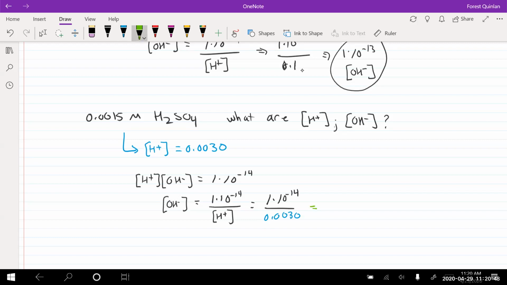And if you do this, you get 3.3 times 10 to the negative 12 is equal to the concentration of OH minus. Like I said, at this point, we're essentially out of concepts, except for one at the end here, and we are into the realm of plug and chug.